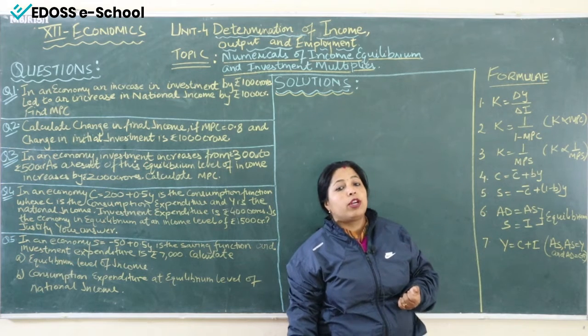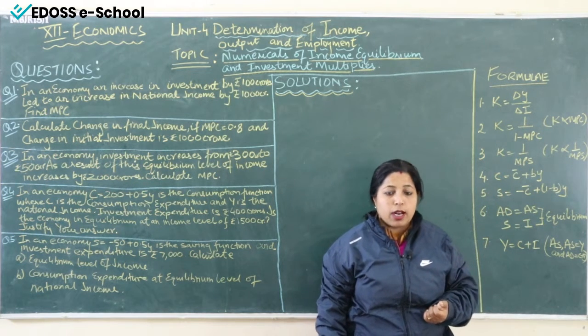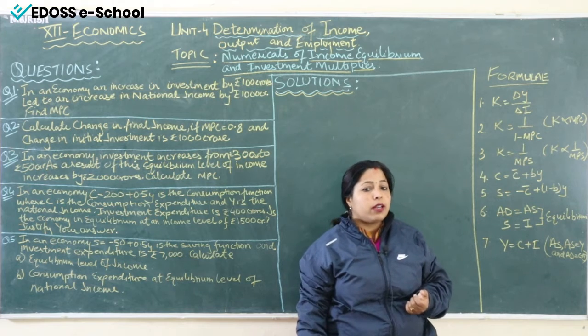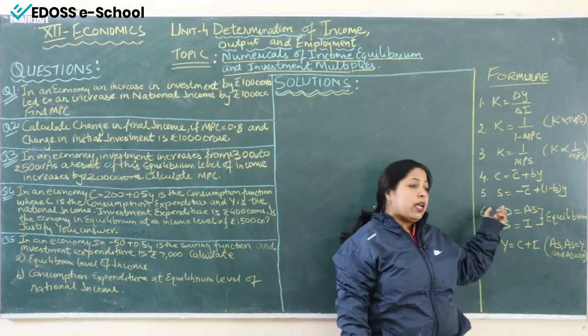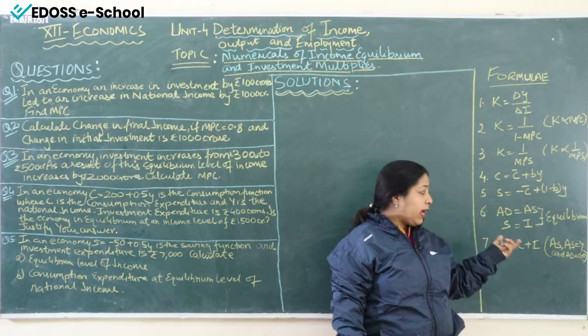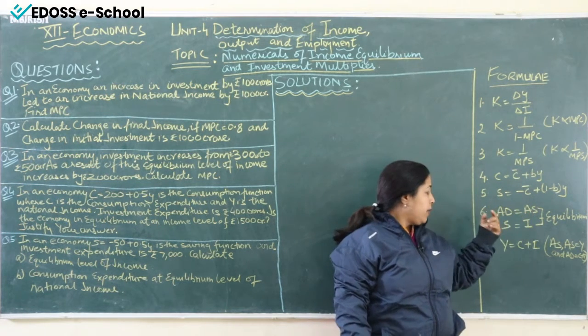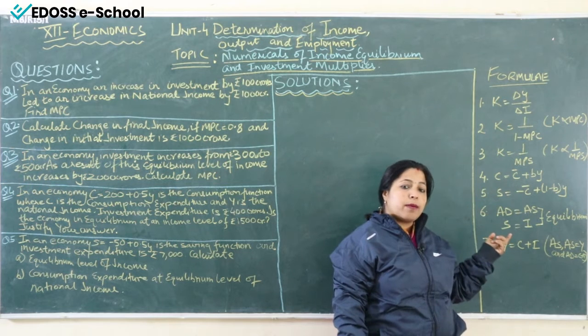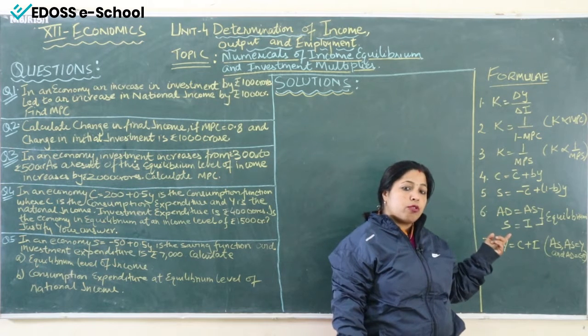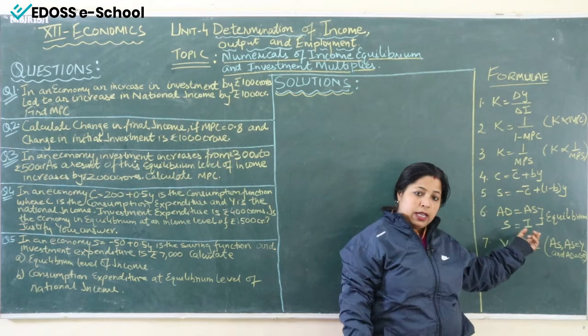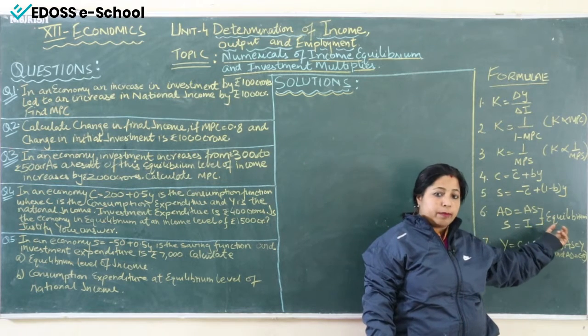As you all know, we have done two approaches to equilibrium. First is AD-AS approach. In that, at equilibrium level, AD was equal to AS. And in second approach, that is the S and I approach, saving and investment approach, S was equal to I at the state of equilibrium.